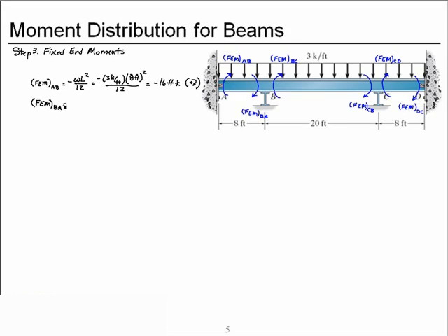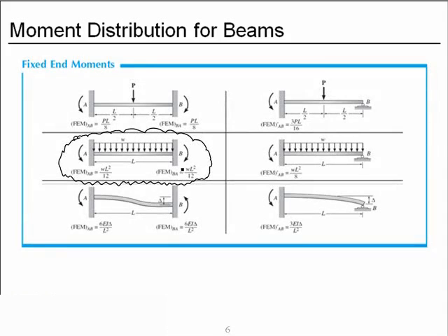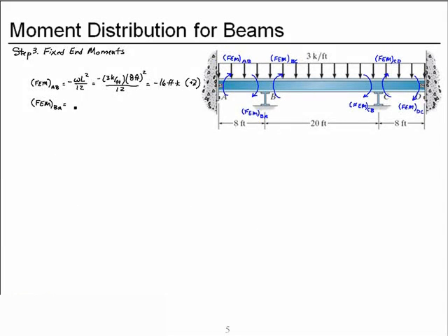Now at the other end of the beam, if we go back and look inside the back cover, we see that the moment at the right end is also omega L squared over 12, but this one positive. So we have a positive omega L squared over 12, which will give us a positive 16 foot kips. It is indeed clockwise. Fixed end moment for BC will therefore become a minus omega L squared over 12, where we still have the same uniform distributed load, but our length of the beam segment is 20 feet.